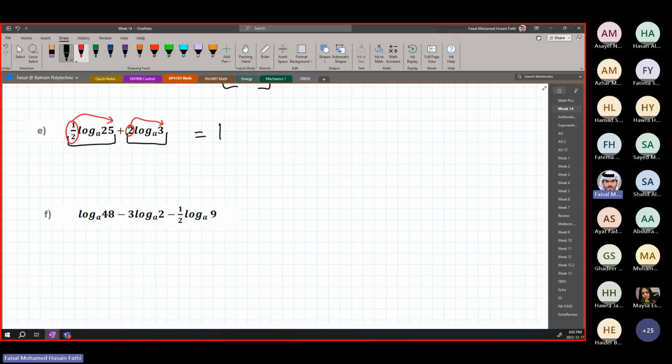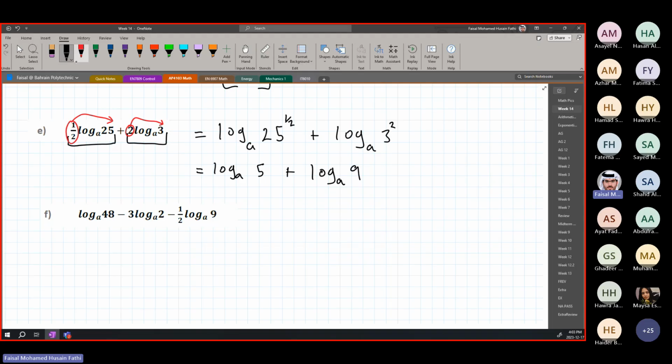This is going to be equal to log A of 25 to the power of half plus log A of 3 to the power of 2. If I want to further simplify this, this is log A of 5, because this is the square root of 25, which is 5, plus log A of 3 squared, which is 9.